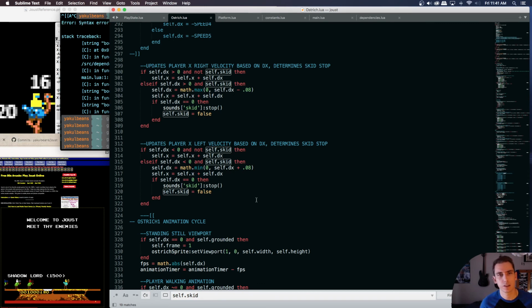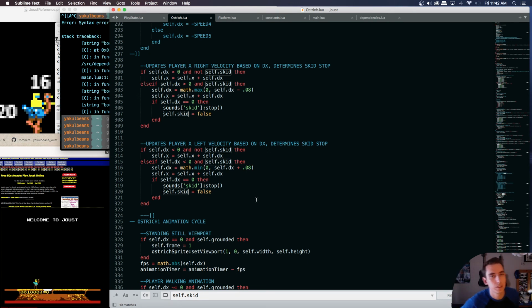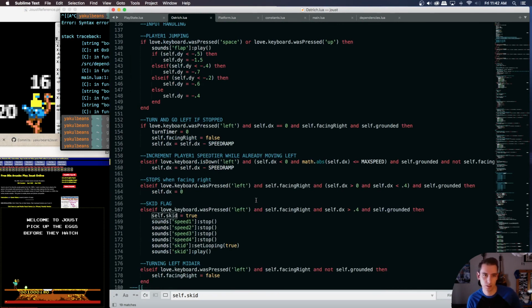If I'm moving right and skidding, then, yeah, so it's like, and left is not held or something, like no, because we still need to slow to a stop, but we need to not increment our dx if we're skidding. Or decrement our dx.